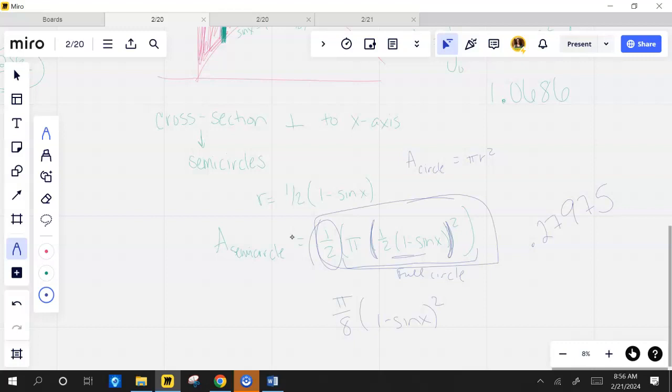Okay, well wait, let me make sure I put mine in right. All these parentheses. If you square this, you've got 1/2 times pi times 1/4. Why are we getting...? There's a reason.